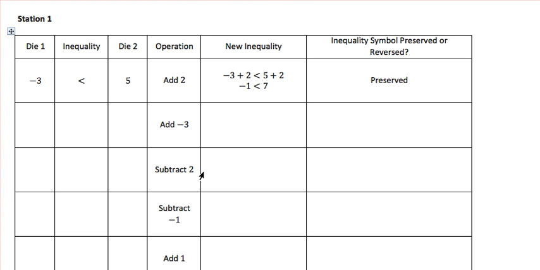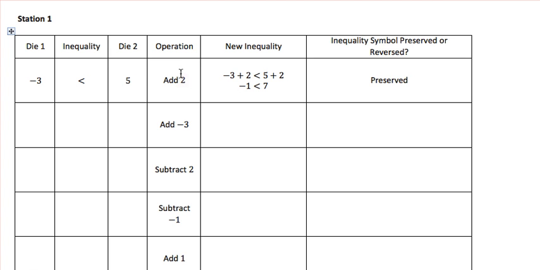You will roll each die, recording the numbers under the first and third columns, and then write an inequality symbol that makes the statement true. So you'll see in this first example, the first die had -3, the second one had 5, and the inequality symbol was less than. -3 is less than 5.